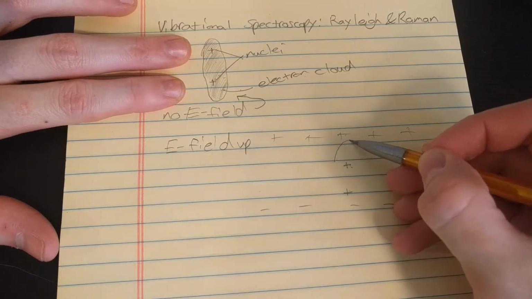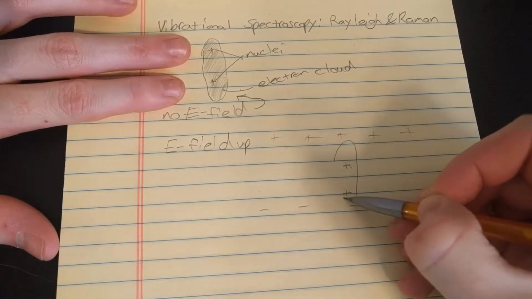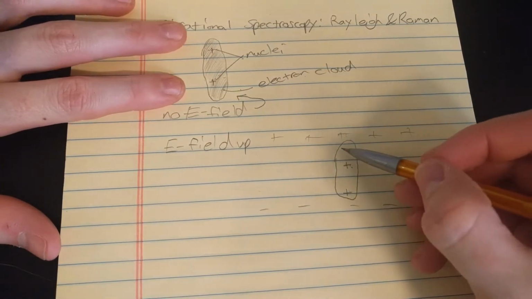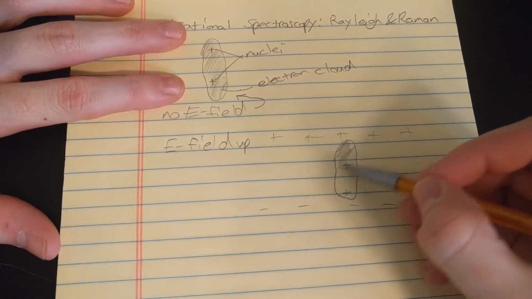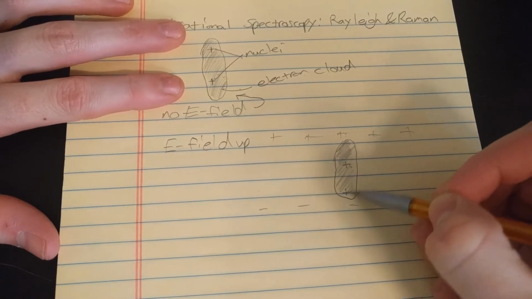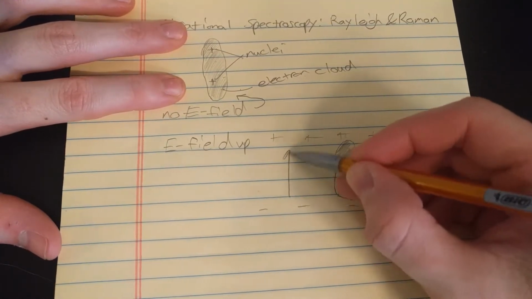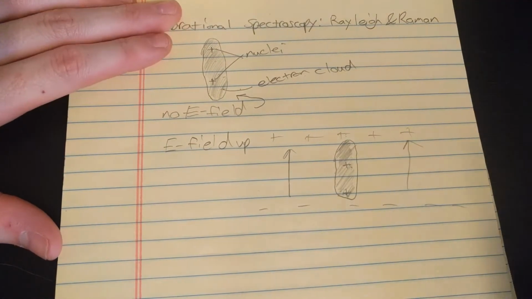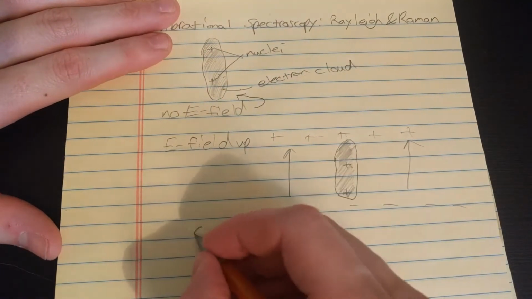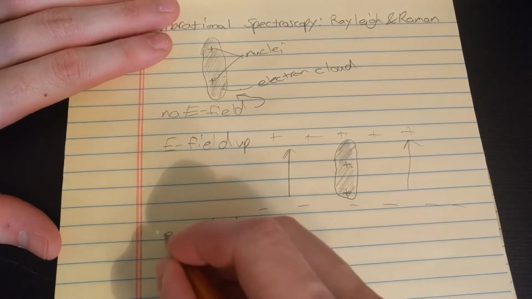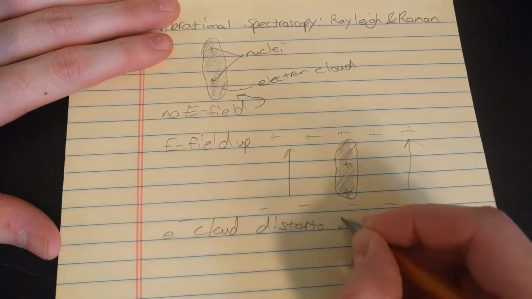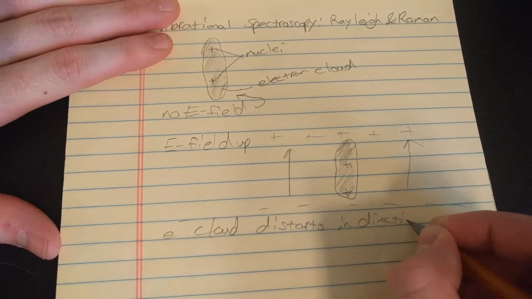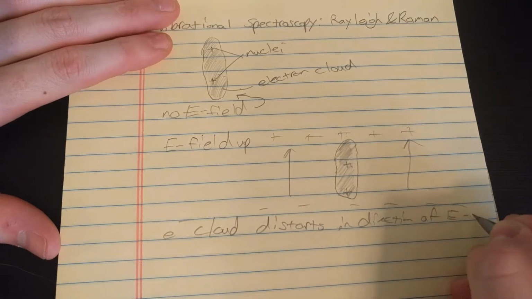But there's a higher probability of finding the electron towards this positive area of the electric field. So essentially the electron cloud's going to distort in the direction of the electric field.